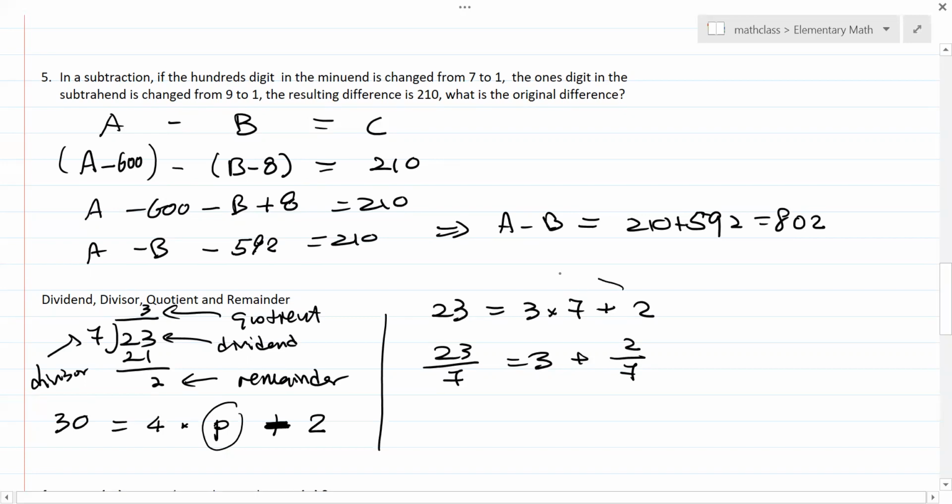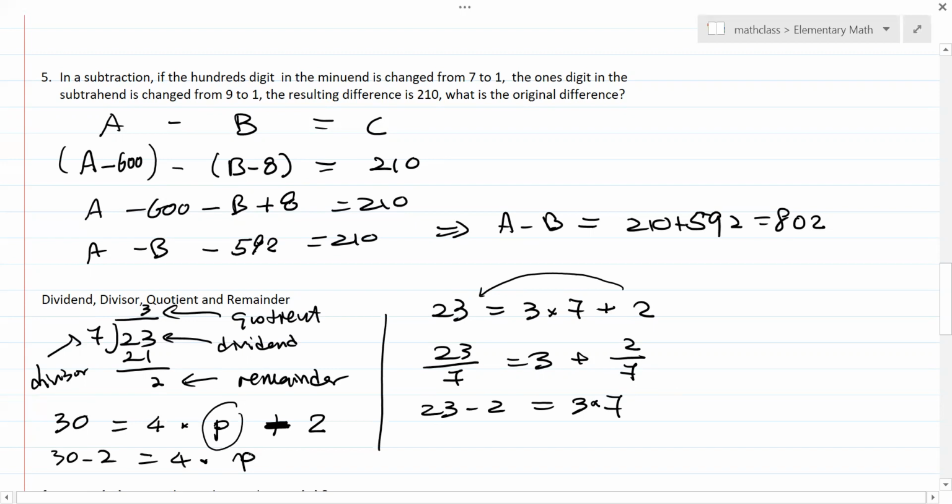If you subtract the remainder from the original number, 23 minus 2 here, it should be 3 times 7. So this is divisible by 3 or by 7. That's important. The idea is the same here: 30 minus 2 should be equal to 4 times the divisor.